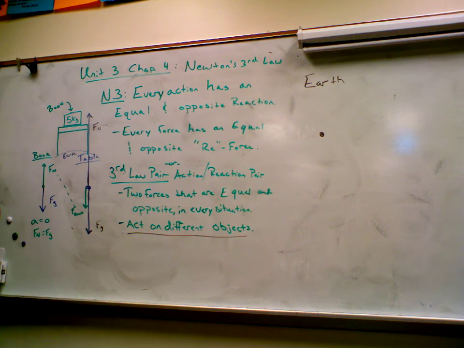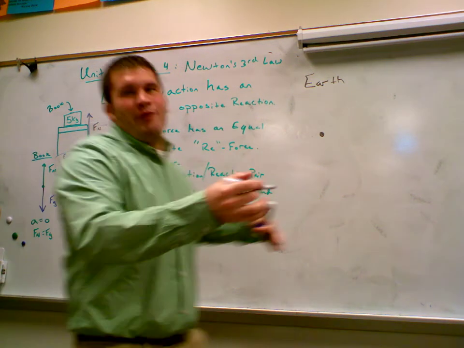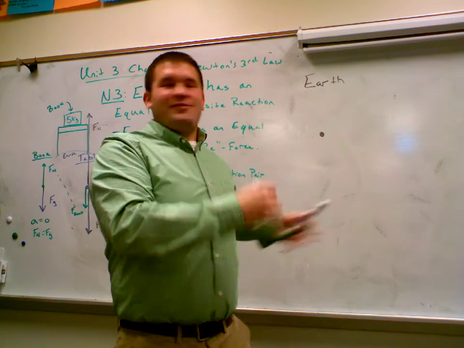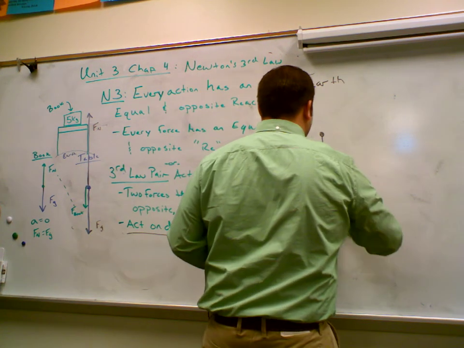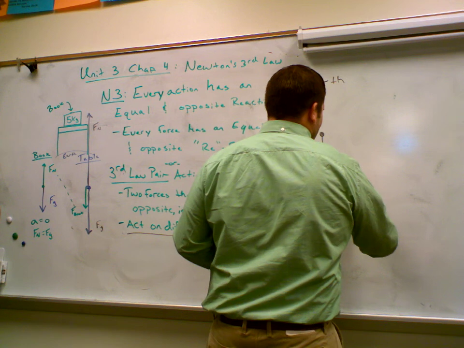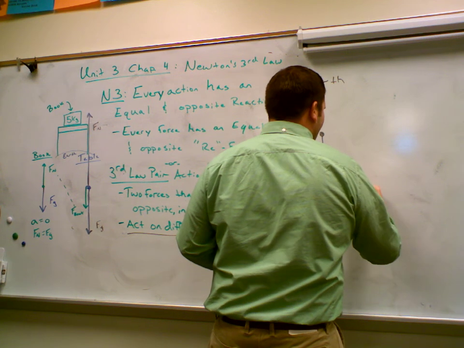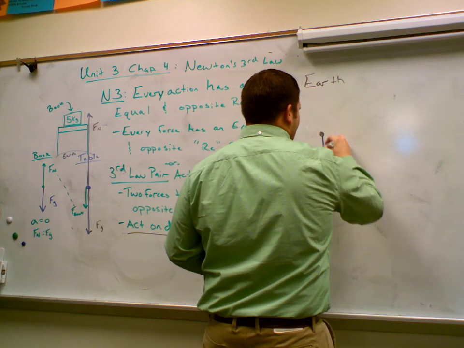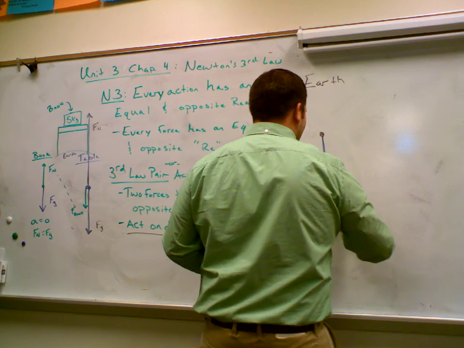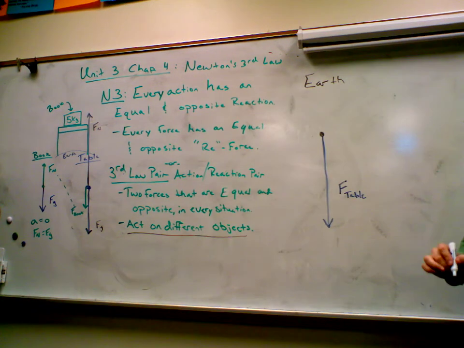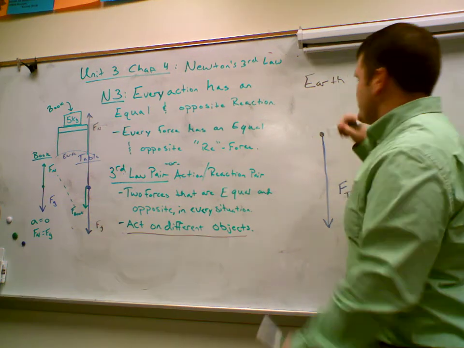The book. The table. The table does, right? The table with the book. Yeah, be more specific. So this is the force of the table on the earth, right? What is that in a third law pair with?